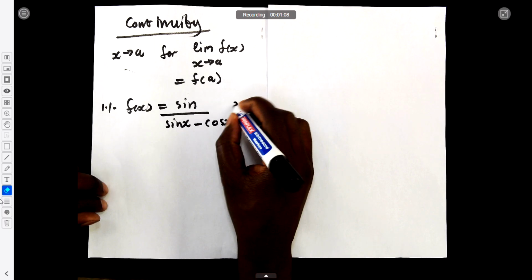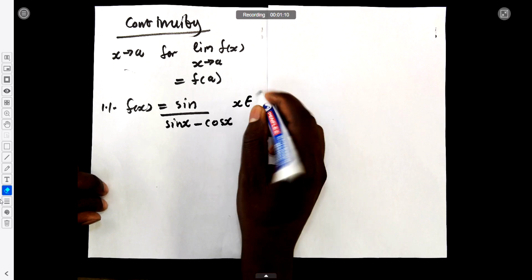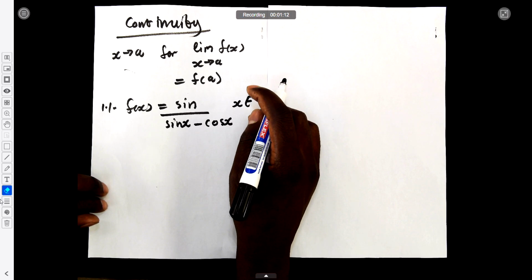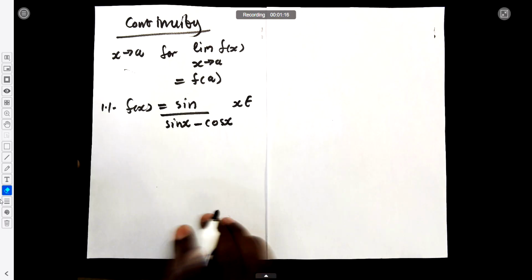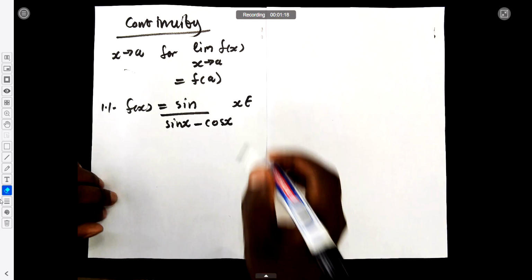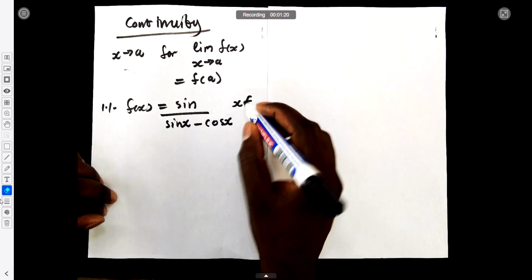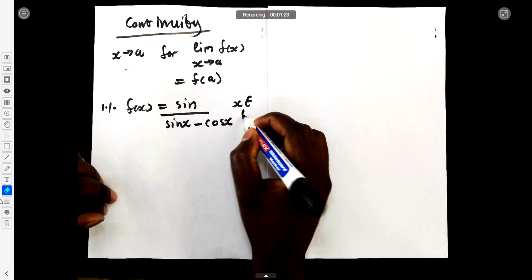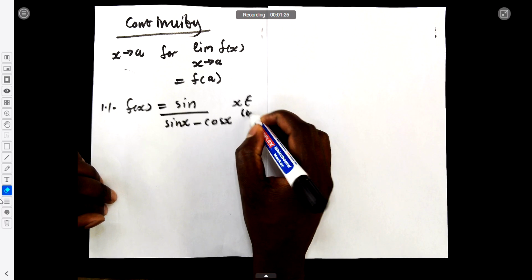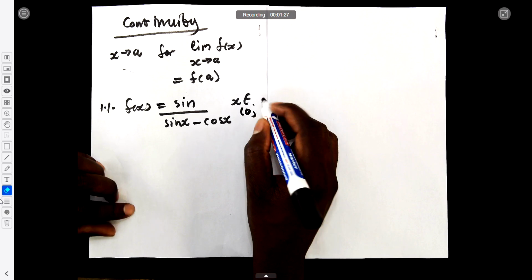We're given a condition that x is an element of the real numbers, and the domain is 0 to 2 pi.